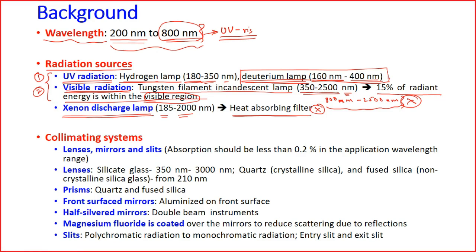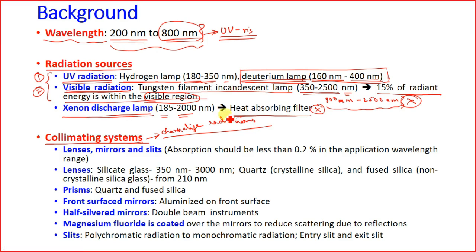Now, apart from this, there are certain collimating systems which are used to channelize the radiations through a typical path. What path, I will talk about later on.